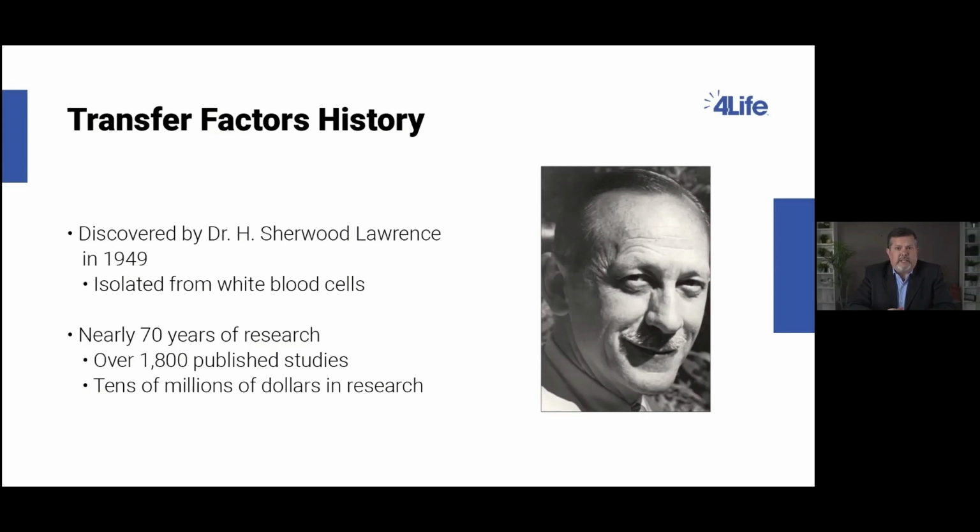So his first couple of studies were simply that. He took someone who had recovered from tuberculosis and he pulled out their white blood cells, he concentrated them, and then he injected the whole cells back into a naive person, someone who had never been exposed to tuberculosis. And like many of you, he gave the little tiny injection under the skin a few days later and then waited to see if it turned red, a standard tuberculosis test.